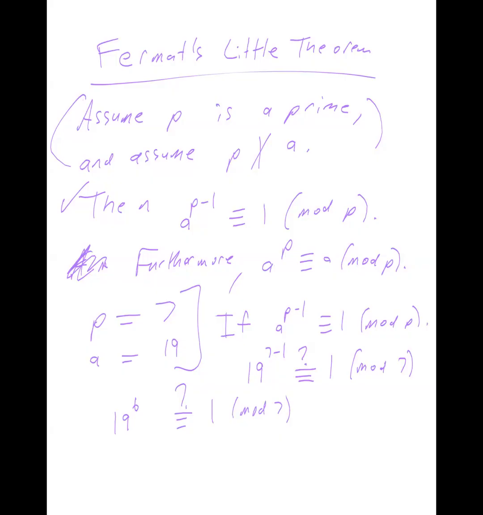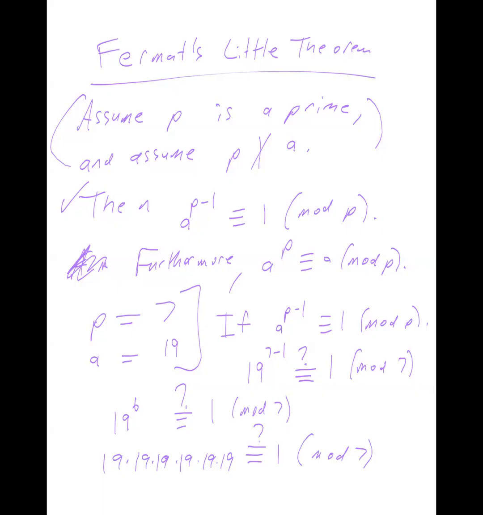What you can do to reduce them is write out the 19 times 19 times 19 6 times, like that. 1, 2, 3, 4, 5, 6. And remember, in congruences, you're allowed to replace any factor or any term by what it's congruent to modulo whatever you're dividing by.